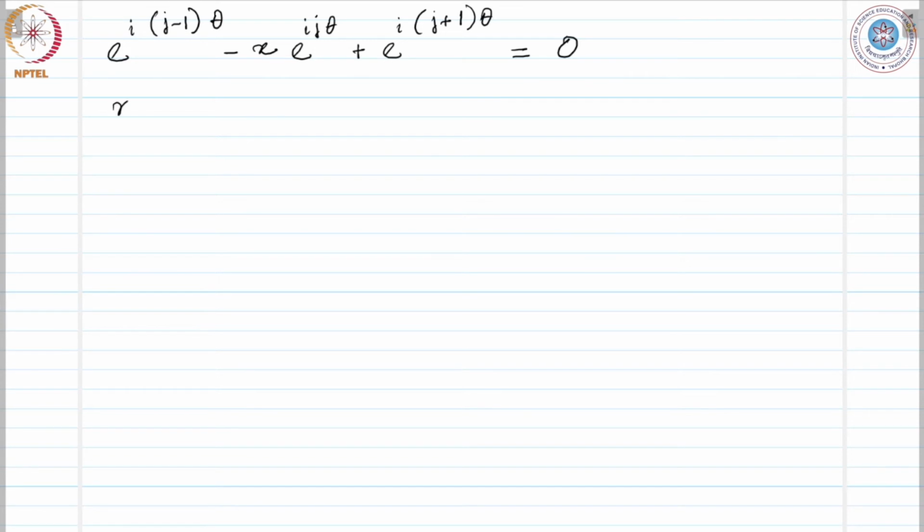Then by simplifying this, x turns out to be e power I theta plus e power minus I theta, which makes it twice cosine theta.